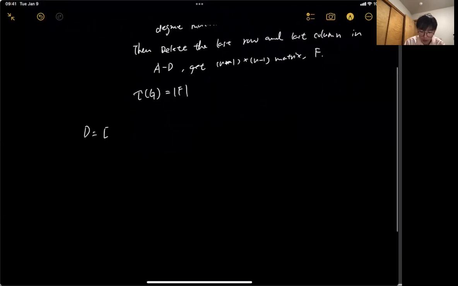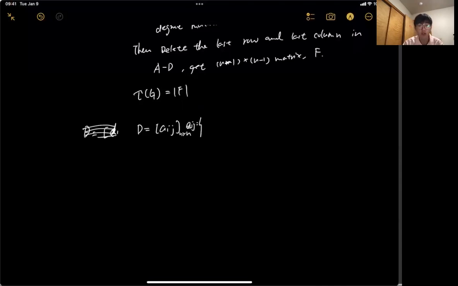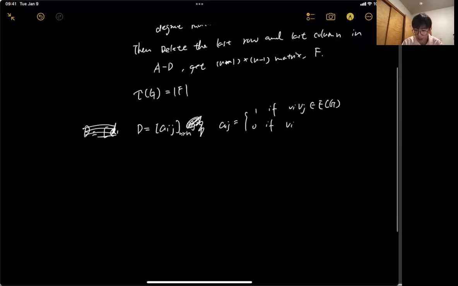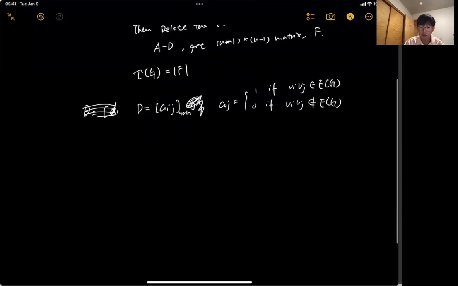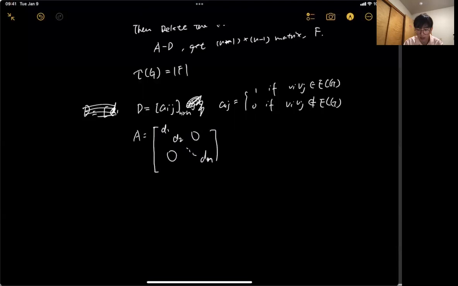D is not a good notation because we might have degrees later, so let me cross this out. Let the adjacency matrix be A_ij, an n by n matrix, where A_ij equals 1 if Vi and Vj are adjacent in the graph G, and 0 if Vi and Vj are non-adjacent in G. The degree matrix has D1, D2, up to Dn on the diagonal and 0 otherwise, where D1 is the degree of V1, D2 is the degree of V2, and so on.